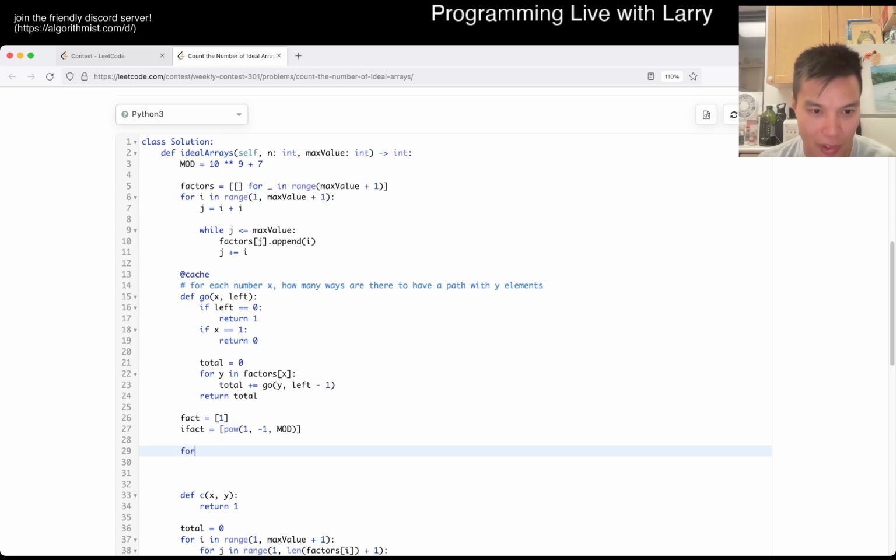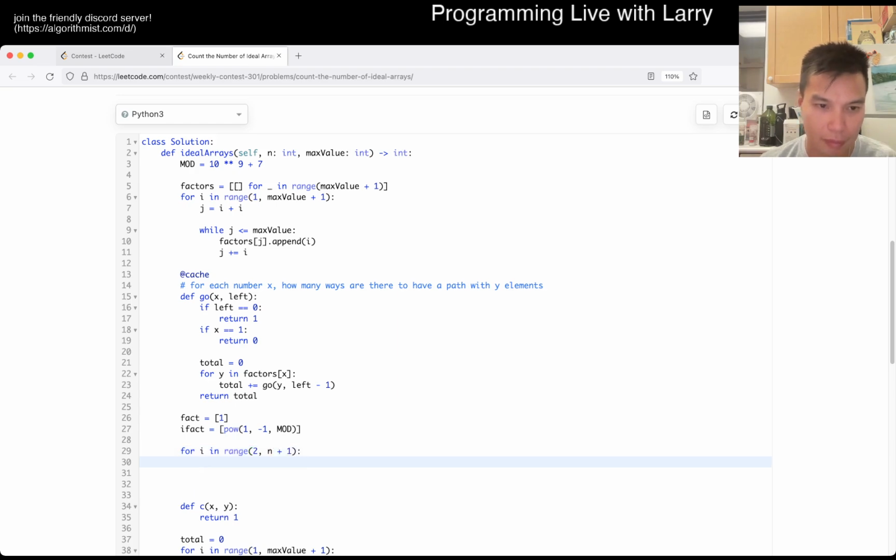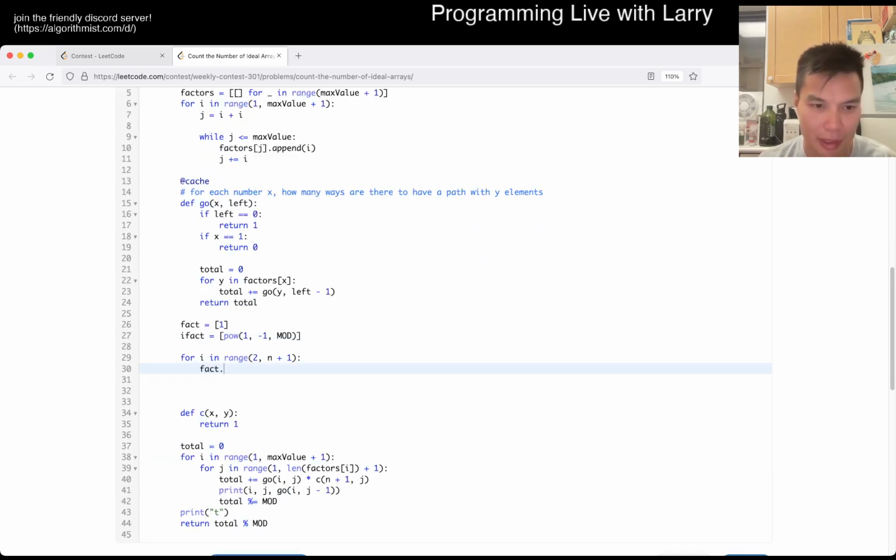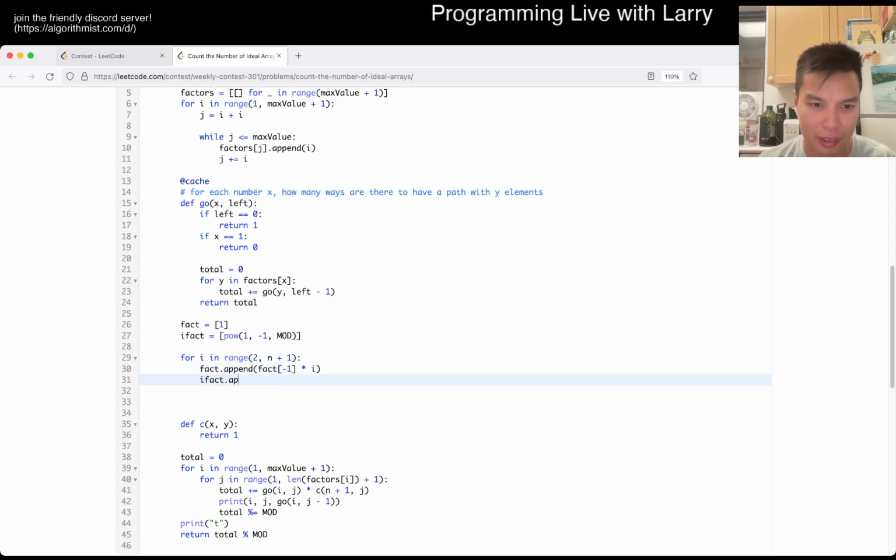Okay, and now for i in range from 2 to max value plus 1. Oh no, we want it to n. So yeah, for n plus 1, fact append fact of last times i. Yes, and then i fact is equal to the inverse of the new fact, mod.